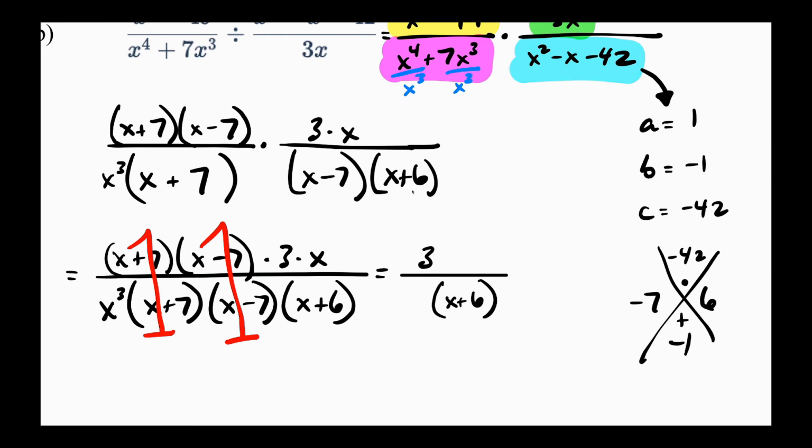But what I do have in common are lone wolf x's. I got that one there and that one there. Those don't have any plus 3s or plus 6s or minus 3s or minus 6s, so we can cancel those out. So this guy's going to lose a power. This guy's going to lose a power. So no more x's on top, and instead of x to the 3rd power, it's x squared on the bottom.